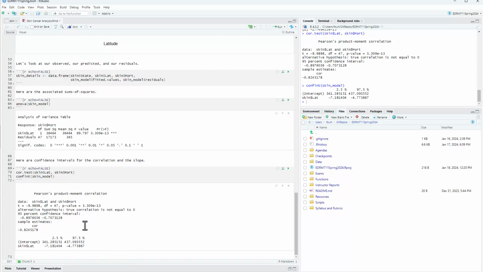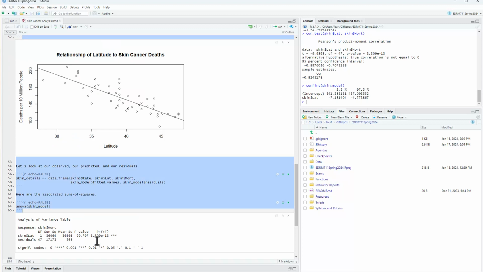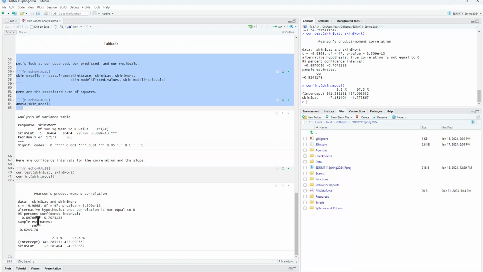So for cor.test, it gave us all this stuff. That is, it gave us the correlation, which we had calculated before, minus 0.82. But in addition to that, it tested the hypothesis that the correlation was 0. That's the p statistic. I really don't need both the p and the confidence interval. That's a bit redundant. The confidence interval gives me the hypothesis test and then some.